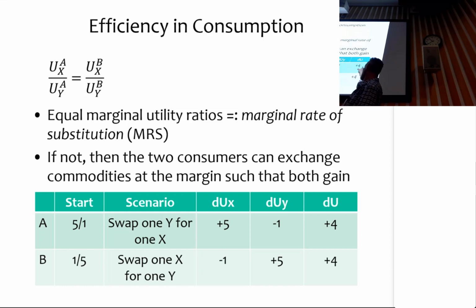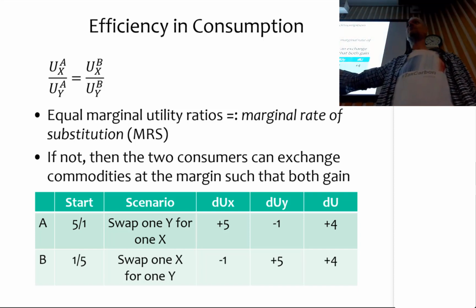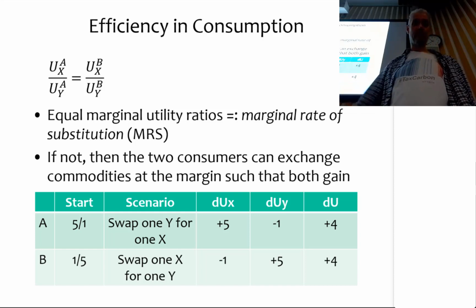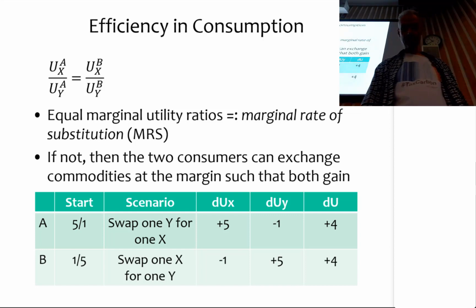So that's a net gain of 4. And what happens to person B? Well, she gives up one X, so she loses 1, but she gets one Y in return, so she gains 5. So both are better off, right? And until those marginal rates of substitution are equalized across consumers, you're not in a Pareto optimum, right? So that is efficiency in consumption in a barter economy, right?